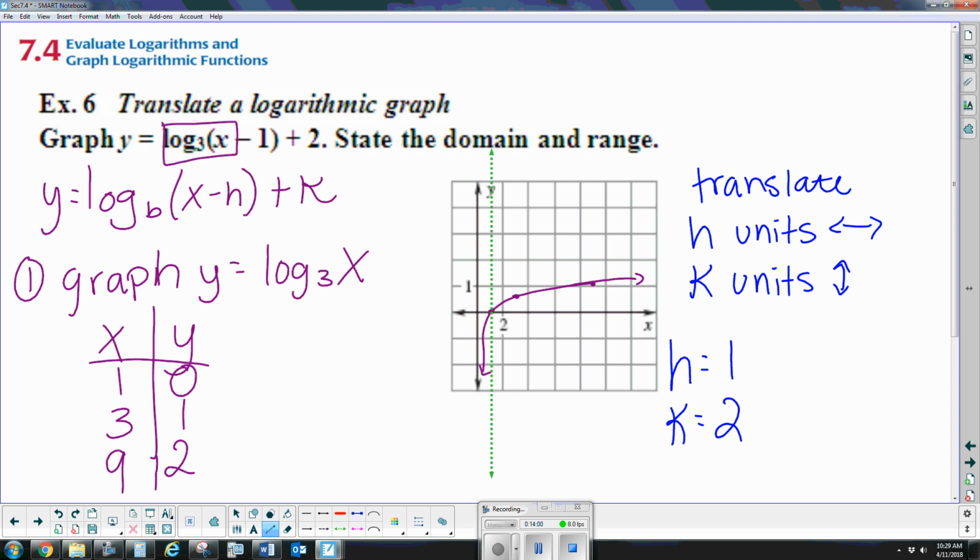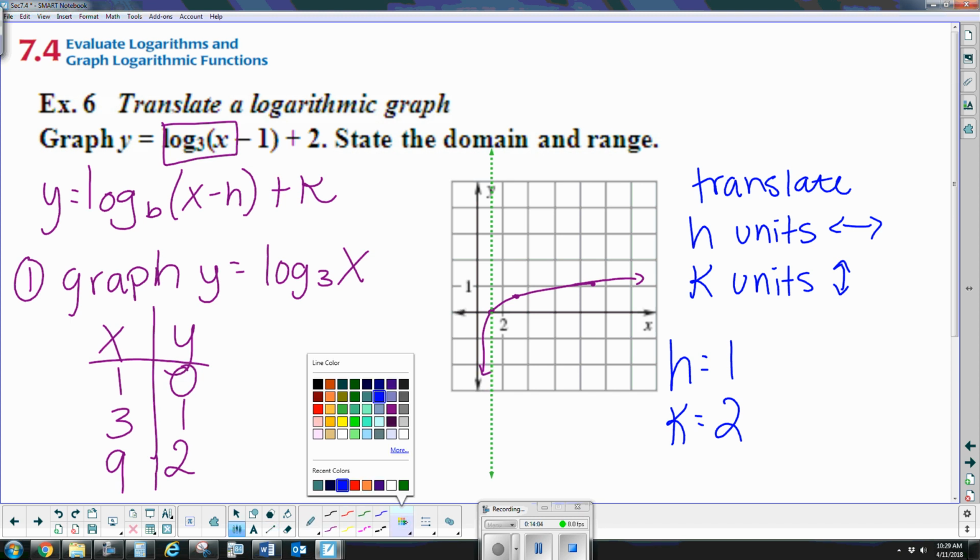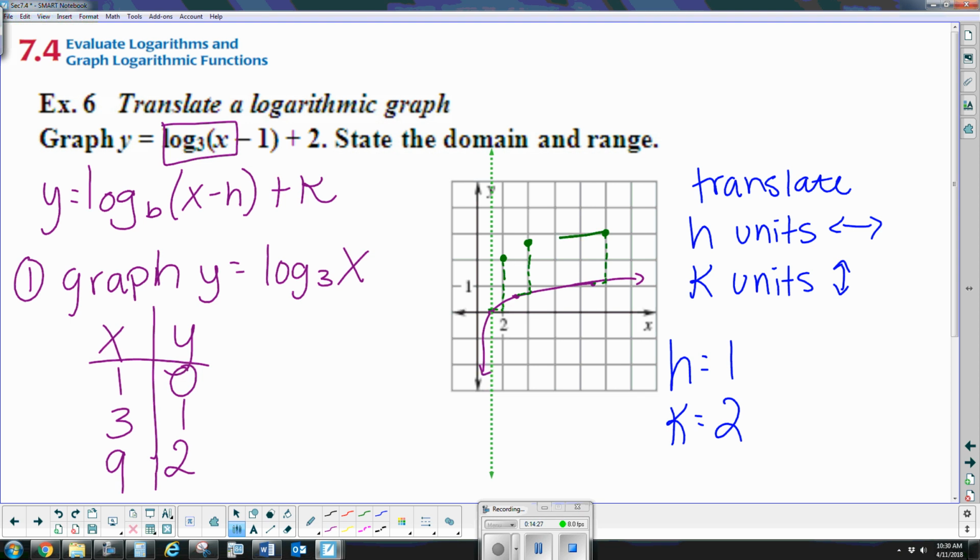And now we can shift our points. So I'm going to move this point 1 unit to the right and 2 units up. I'm going to move this point 1 unit to the right and 2 units up. And then again, 1 unit to the right, 2 units up. And I'm going to sketch in that new graph, not crossing my asymptote.